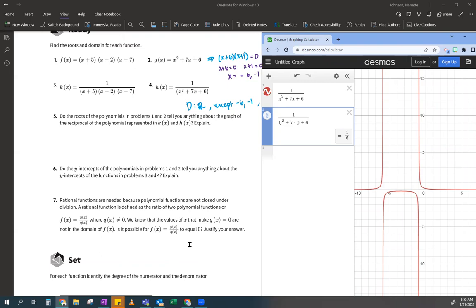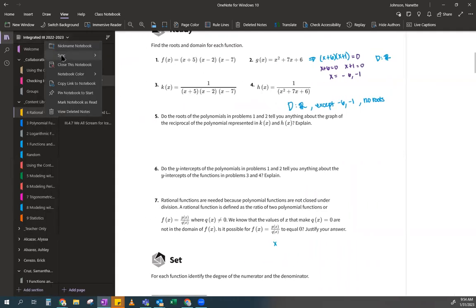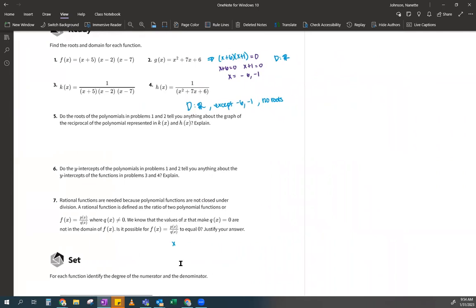So here's a quick little example. Let's say my numerator was x and my denominator was x plus 5. Is it possible for this rational function, x over x plus 5, to be equal to 0? If you remember about fractions, the only thing that you need to know is that in order for the fraction to equal 0, the numerator has to equal 0.